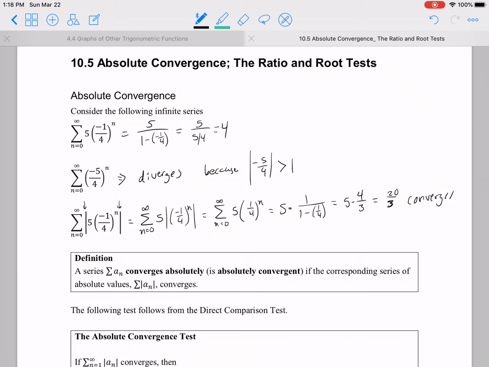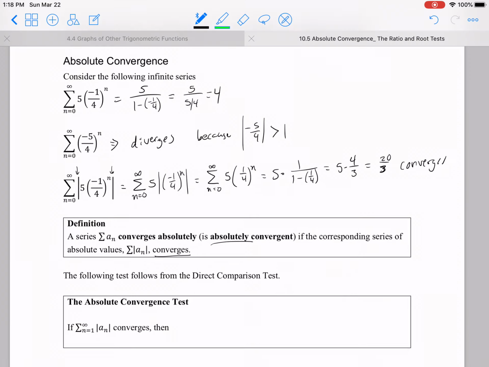All right, and so let's take a look at a definition here. A series, sum over a_n, converges absolutely, in other words, is absolutely convergent if the corresponding series of absolute values converges. All right, that's how we're going to check for absolute convergence.